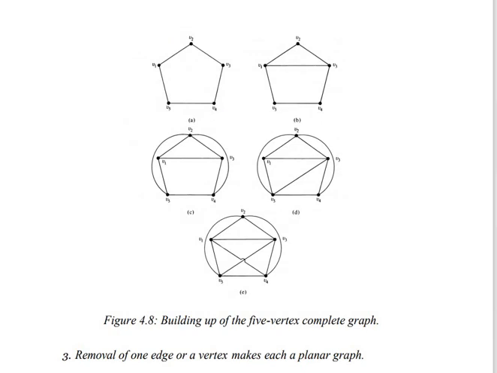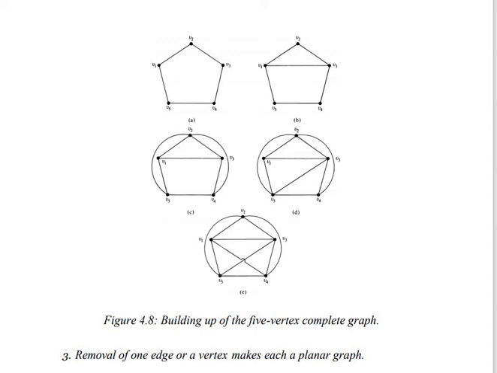The third property of Kuratowski's graphs is that if we remove one edge or vertex from K5 or K3,3, then it will become a planar graph. Here you can see the step-by-step construction of K5. In the first 4 steps the graph is actually planar.